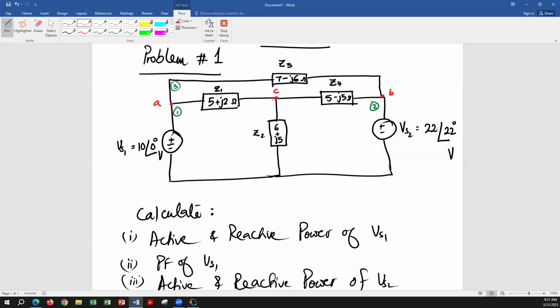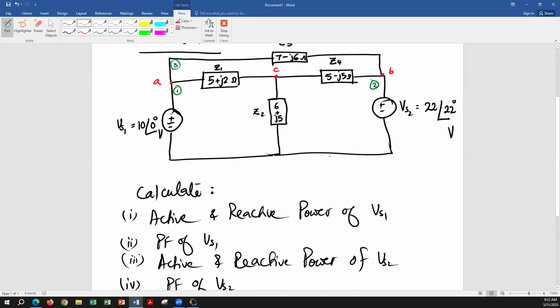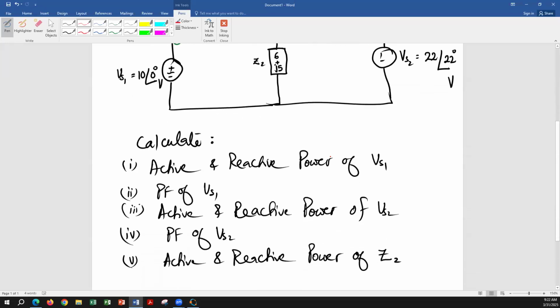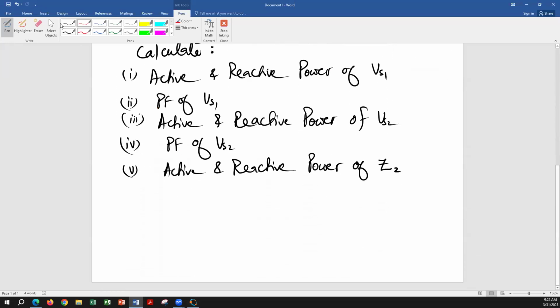But I'm assuming that just finding the voltage at node C and then using Ohm's law to find everything else might be much easier. So let's do that. As soon as you look at meshes, do not jump directly into mesh analysis. See if you know the node voltages, and we discussed that several times.